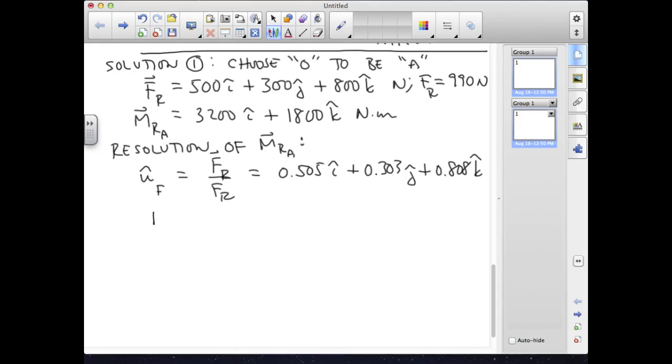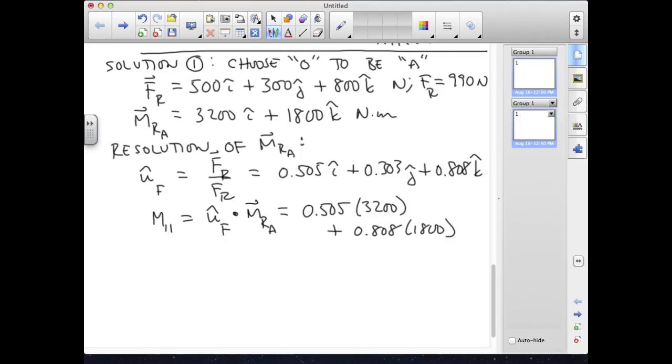The magnitude of the parallel component is the dot product between that unit vector and the resultant moment at A. And so we have no J component for the resultant moment at A. This ends up being 0.505 times 3,200 plus 0.808 times 1,800, and that gives us a value equal to 3070 newton meters.